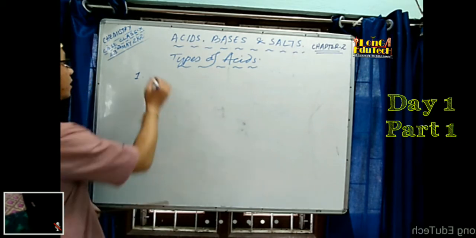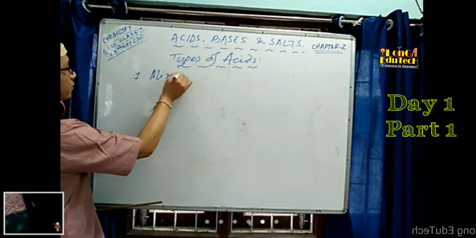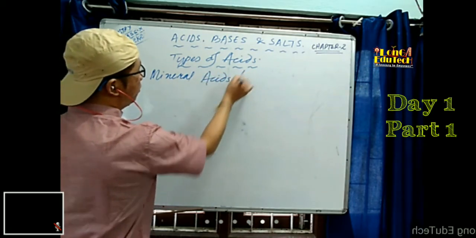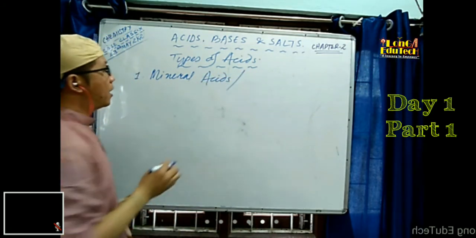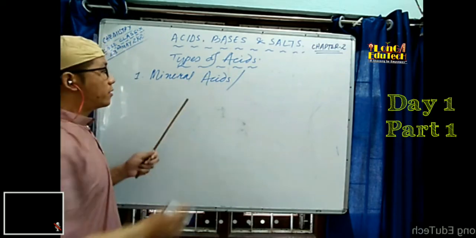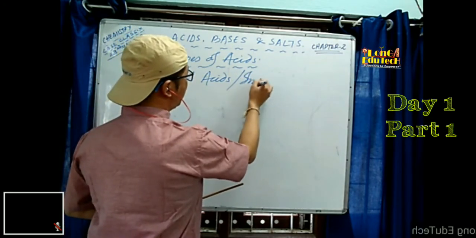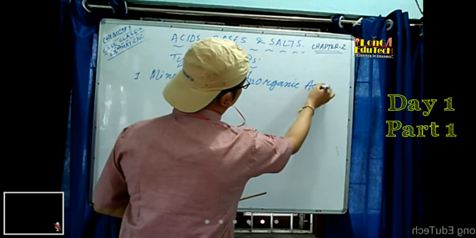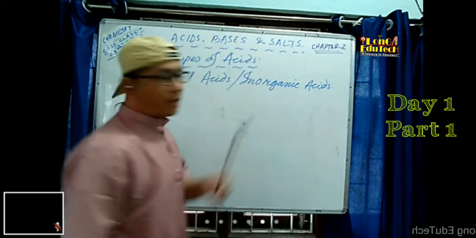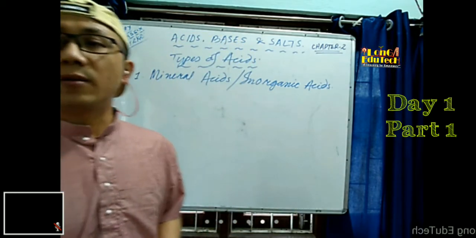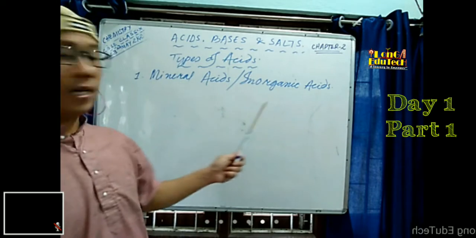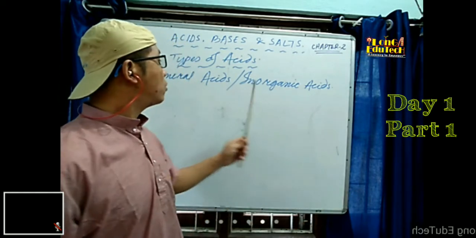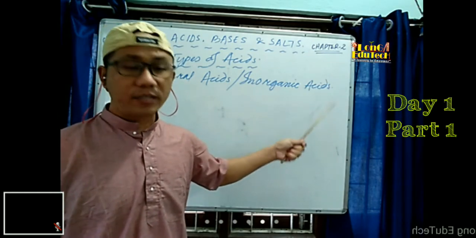One is the mineral acids, or also called inorganic acids. You must keep in mind that these inorganic or mineral acids are strong in nature, which is why we can also call them strong acids.